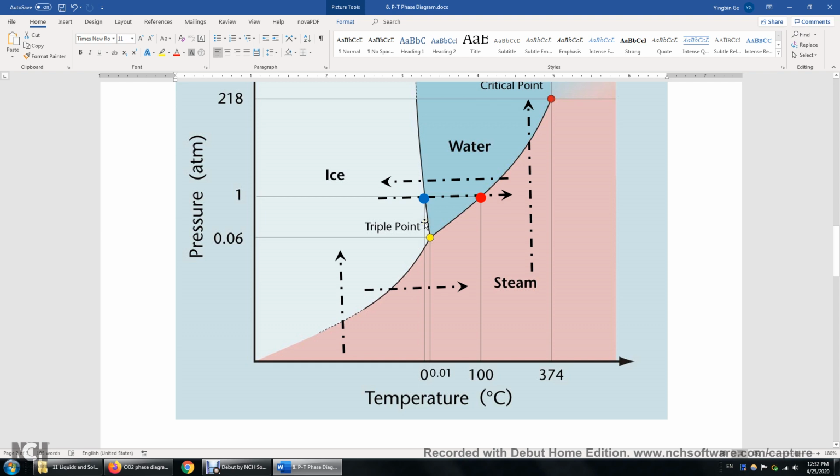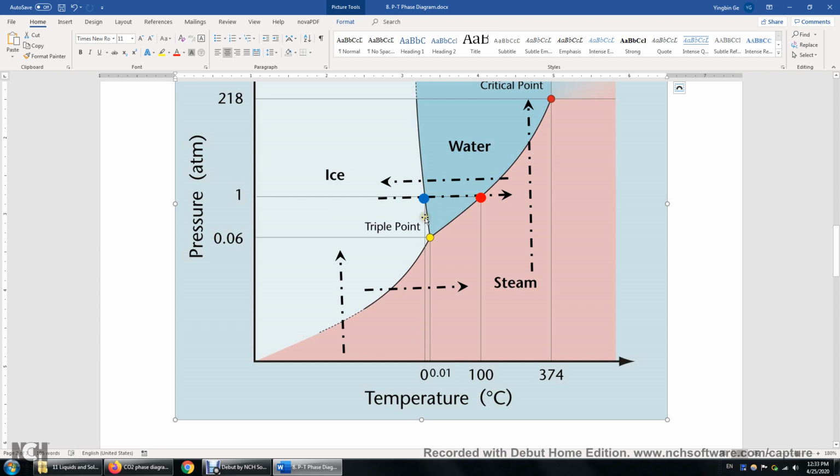And then if we increase the pressure from below 1 atm to above 1 atm, you can see we go from here, the ice, to here. That's the fusion point or melting point, and we keep increasing the pressure above this point. Now we reach the liquid phase.